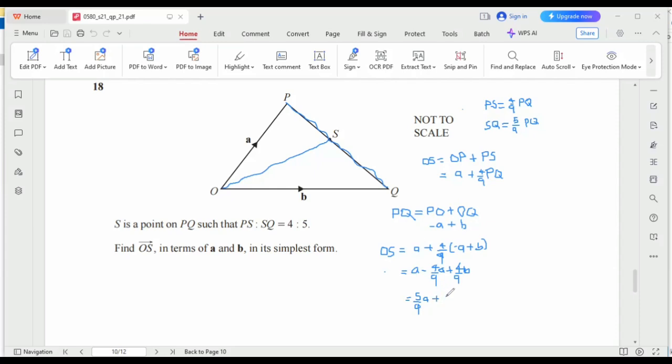It's as simple as this. It's already in its simplest form. What you can do on your own is try this: I got OS by going from OP to PS. You can try getting your OS by going from OQ to QS.